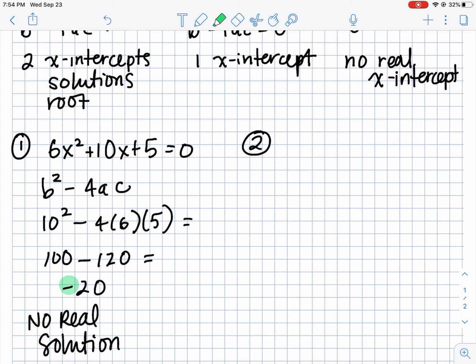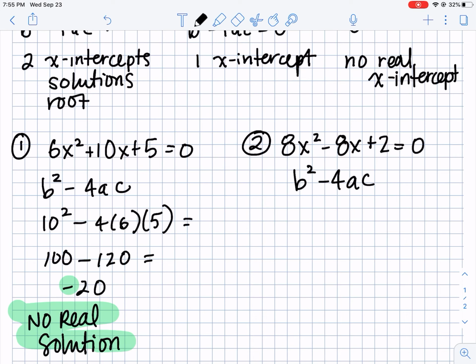Okay, now if we look at problem number 2 on our toolkit on page 7, we have the problem 8x squared minus 8x plus 2 is equal to 0. If we're going to plug in b squared minus 4ac, we'll do negative 8 squared minus 4 times 8 times 2. And remember, the question we're asking here is how many solutions are there?